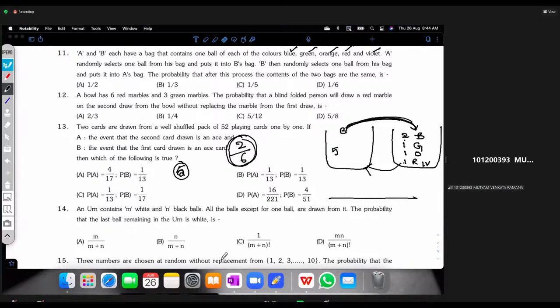Okay, understood, sir. So it will be equal to 1 by 3. Whichever ball you choose, that ball will be doubled, so I need to transfer the same ball. You can write 1 by 3 directly.